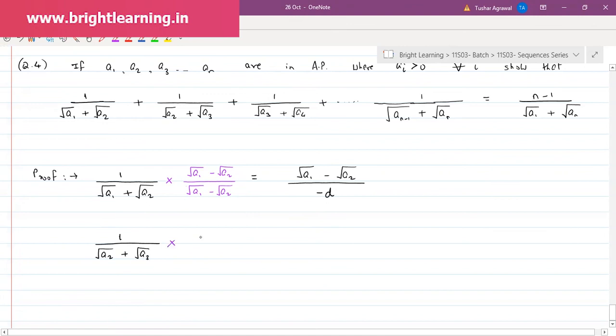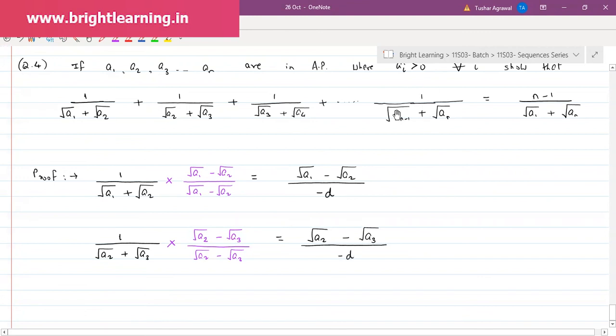This will be under root a2 minus under root a3 upon again negative d.